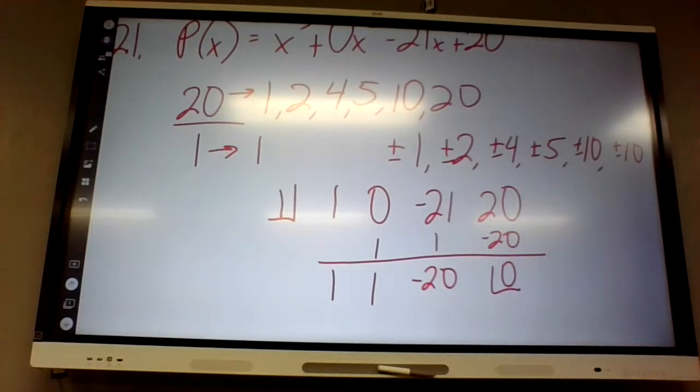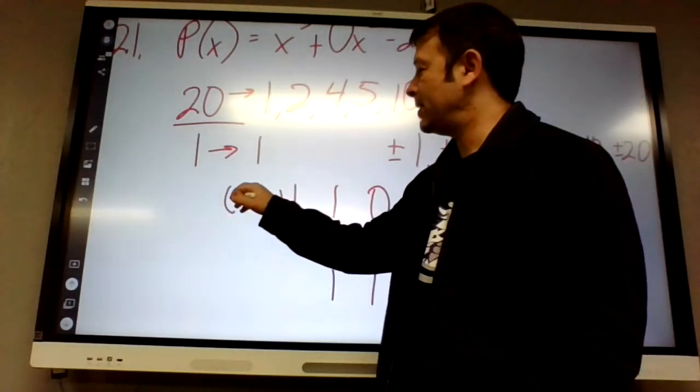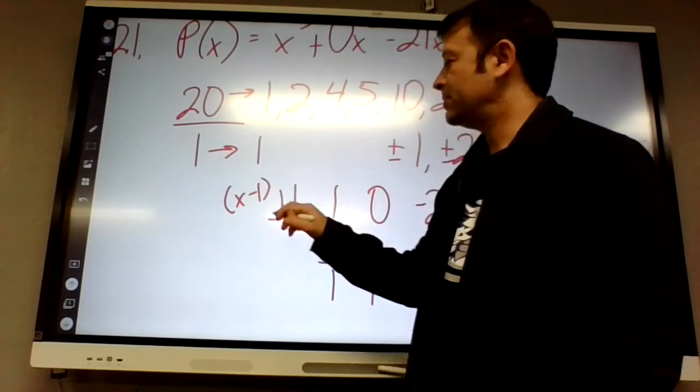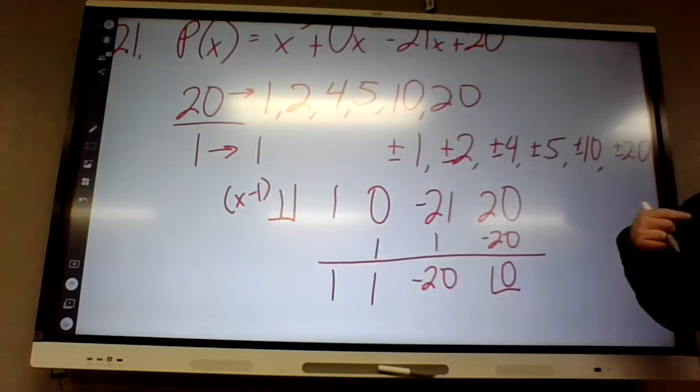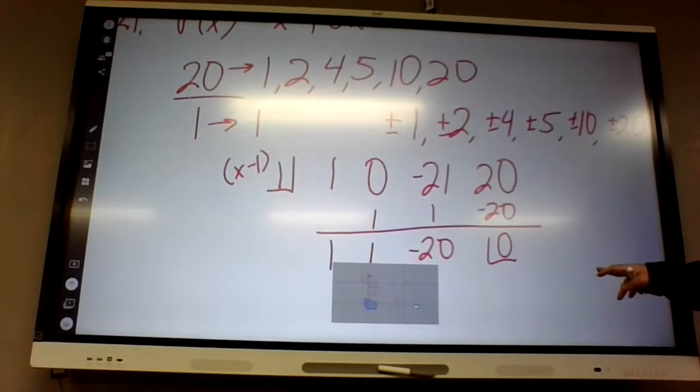Okay, so this tells me 1 is an answer, and it also means that x minus 1 is a factor. And on this problem, we were actually putting the factors instead of just the answers.